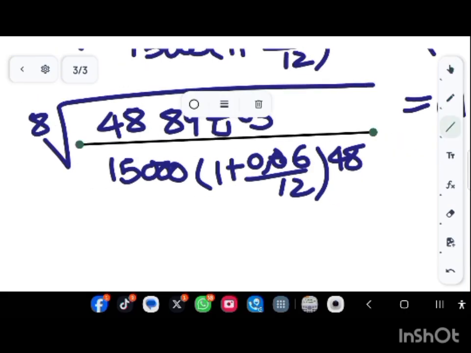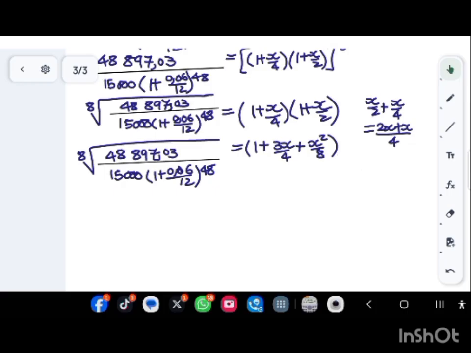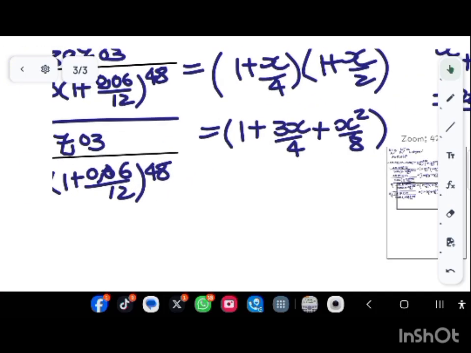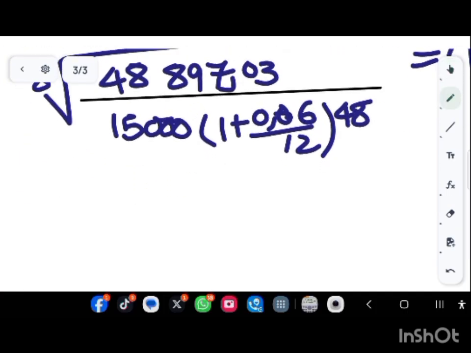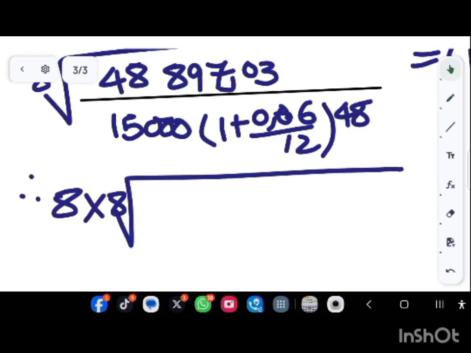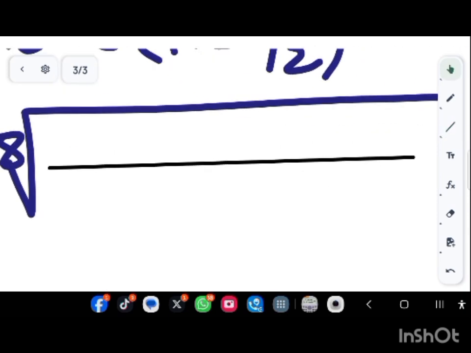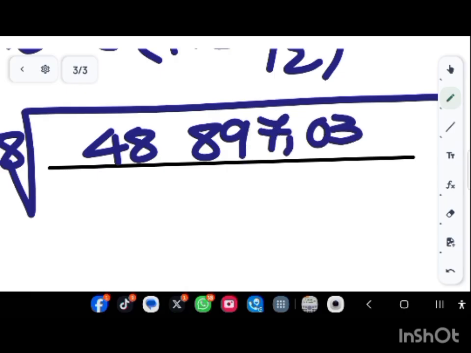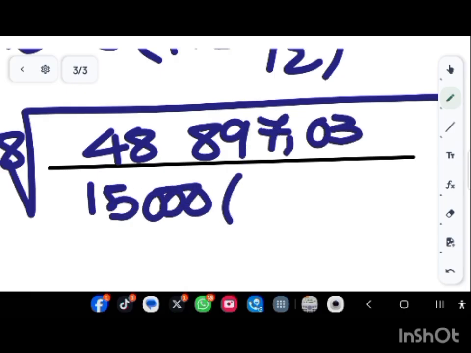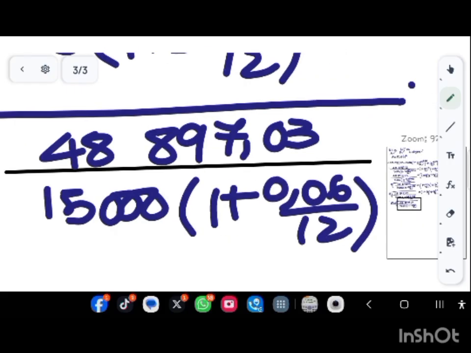So it is the 8th root of that. So now what we do is we multiply throughout by 8. That will leave us with, therefore, 8 times all of that, root 8. All right, let's get that sorted. 48,897 rand and 3 cents over 15,000 in bracket 1 plus 0,06 all divided by 12.